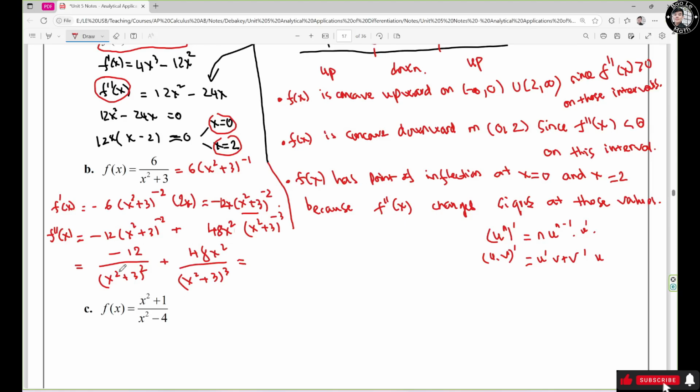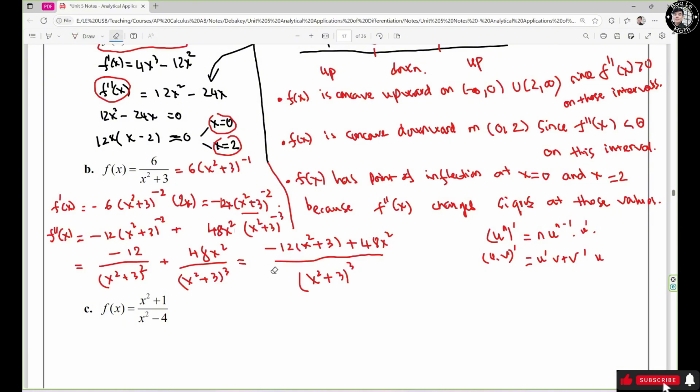Now I need to rewrite this one in the same denominator, so I need to multiply the first one by s squared plus 3, right? So it turns out to be negative 12 times (s squared plus 3) plus 48s squared over (s squared plus 3) all together cubed, right?